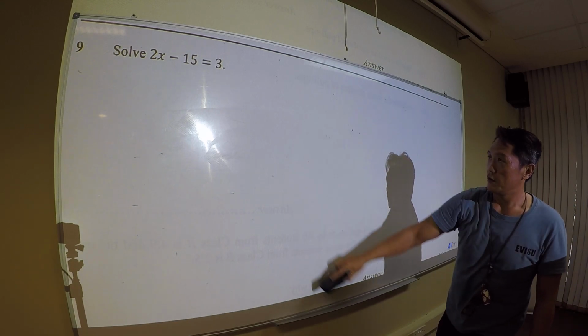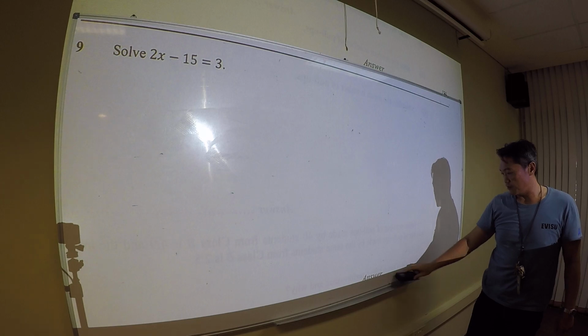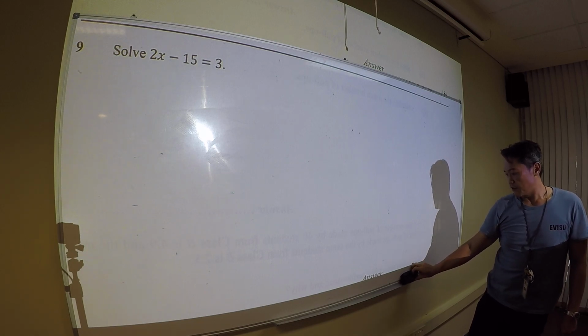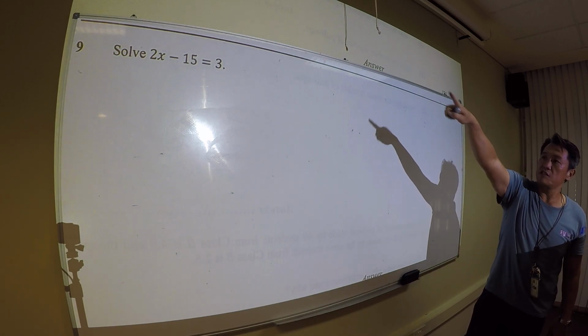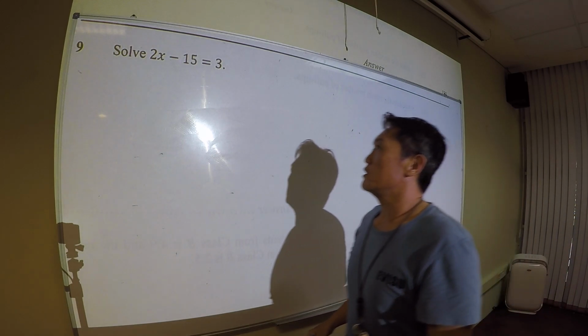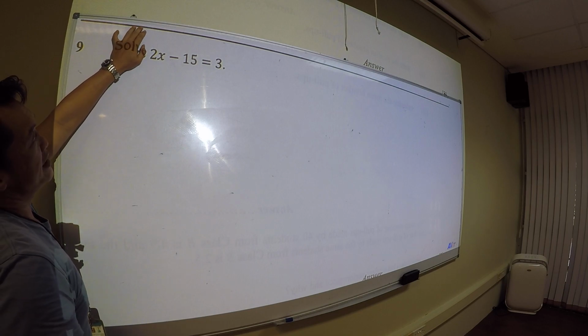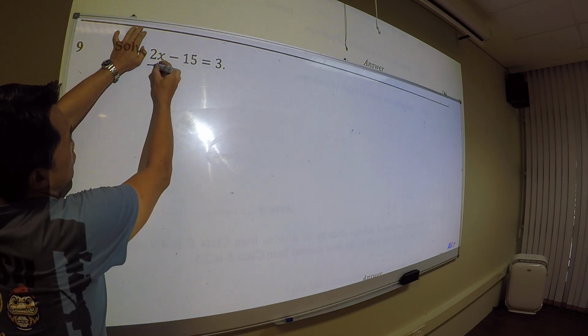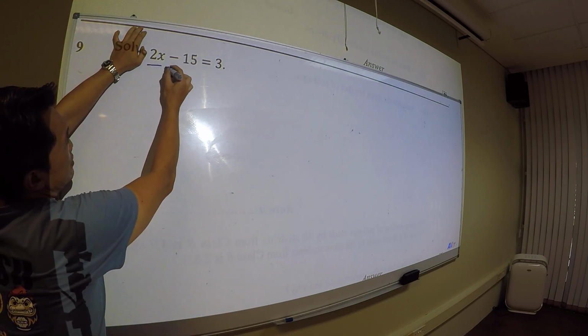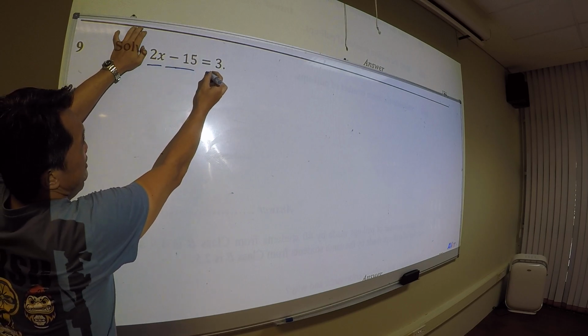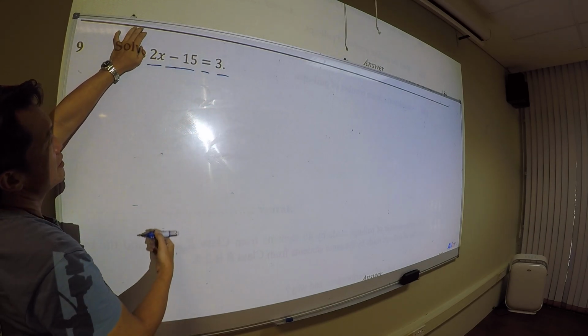Solve 2x minus 15 equals to 3. Again, solving equation. When you see this without the solver, they are just saying that 2 times x minus 15 is the same as 3.